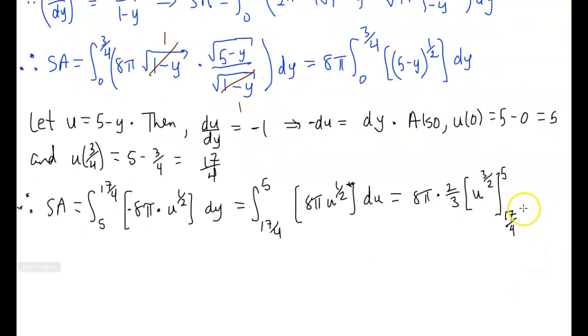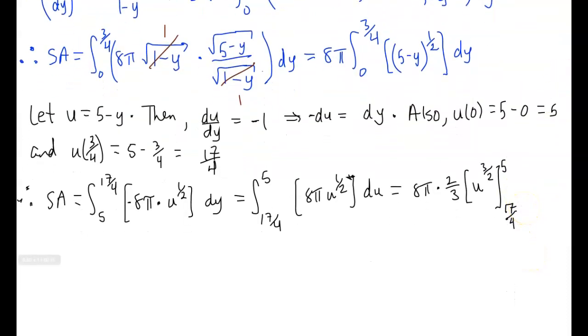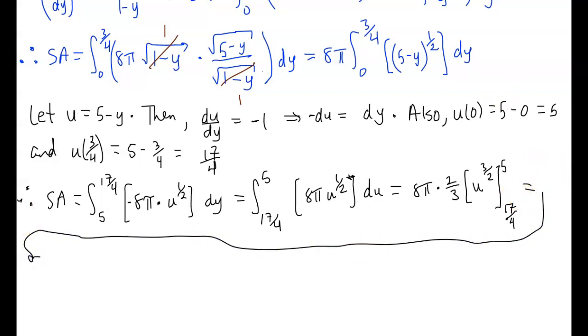And so from here, it's just a matter of plugging in everything and getting to the finish line. So this will be 16 pi over 3. And we'll evaluate this at 5 first.